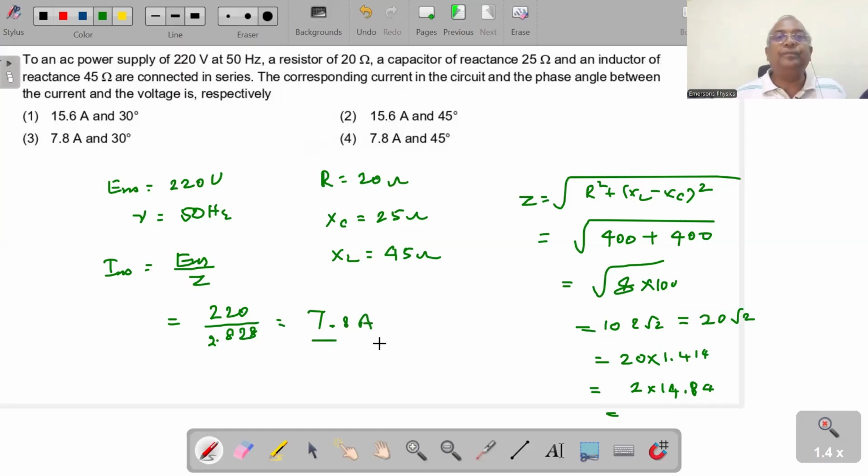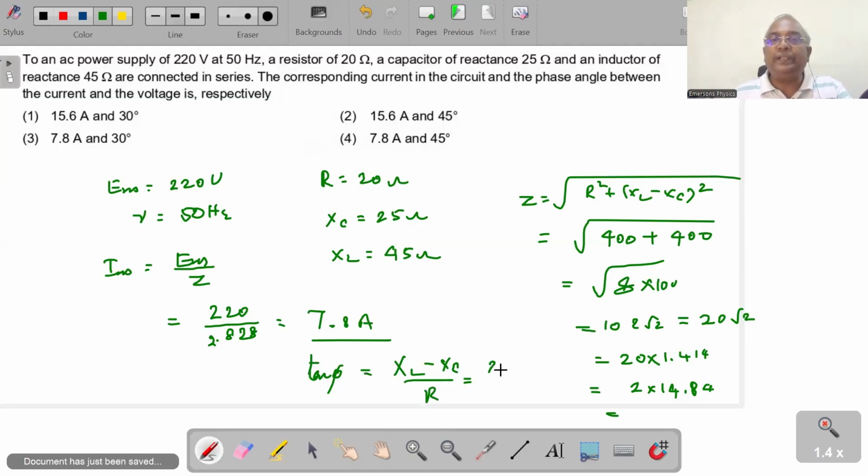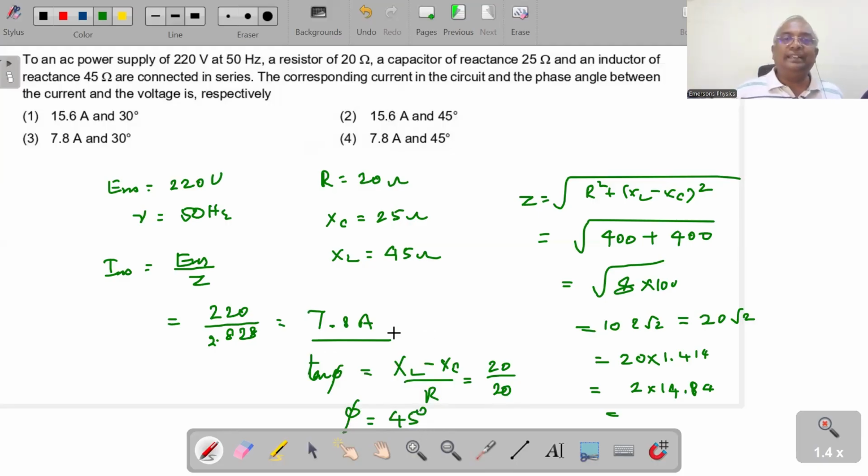And the phase: tan phi, we know the formula, is XL minus XC by R. XL minus XC is 20, R is also 20. Tan phi is equal to 1, so phi is 45 degree. So the answer for this question is 7.8 ampere and 45 degree.